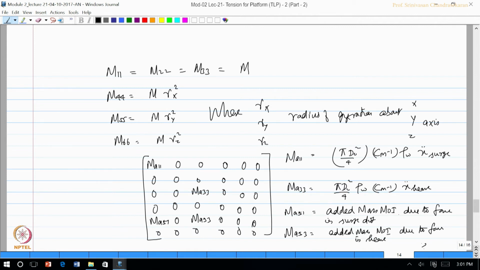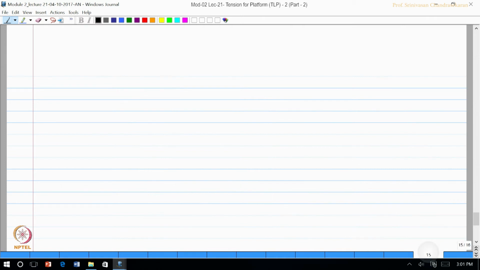So, this is added mass moment of inertia in pitch degree due to force in surge degree. Similarly, the added mass moment of inertia in pitch degree due to force in heave degree, that is why it is MA53. Okay. Now, we have K matrix derived, M matrix derived.